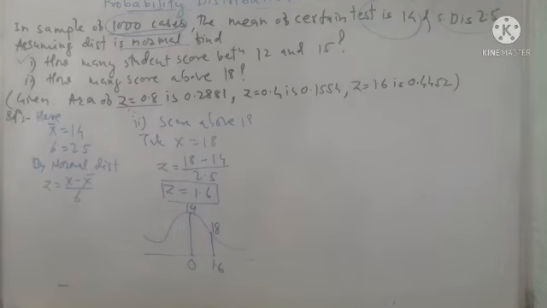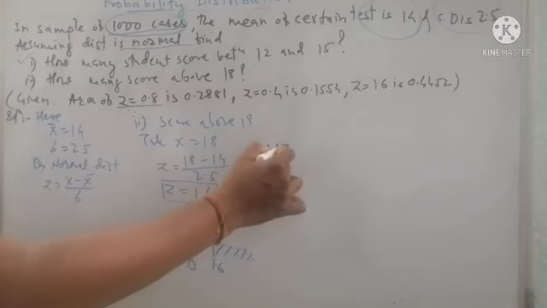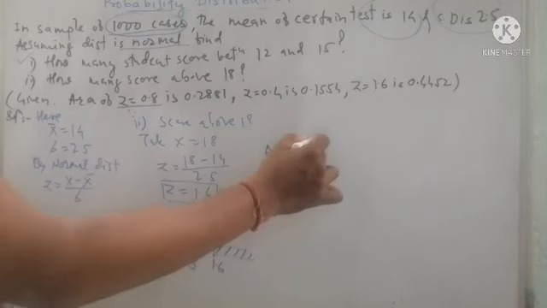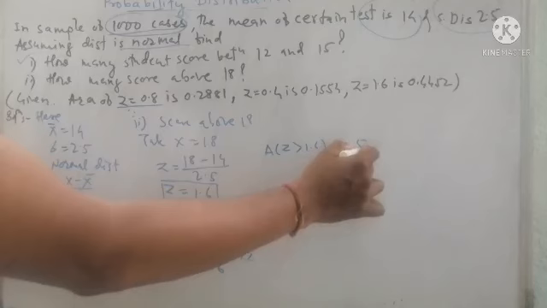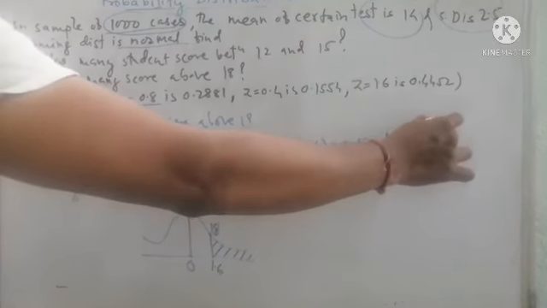Now we are asked for the number of students scoring above 18, that means more than 18, which is represented by this shaded area. The area for z more than 1.6 is equal to 0.5 minus the area from z equal to 0 to 1.6.